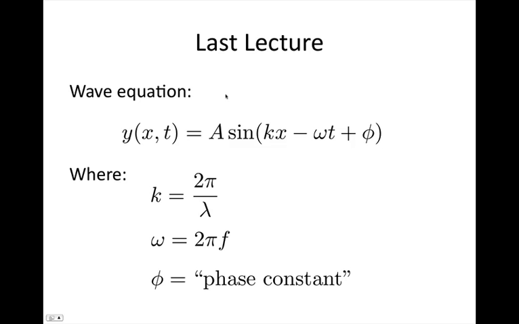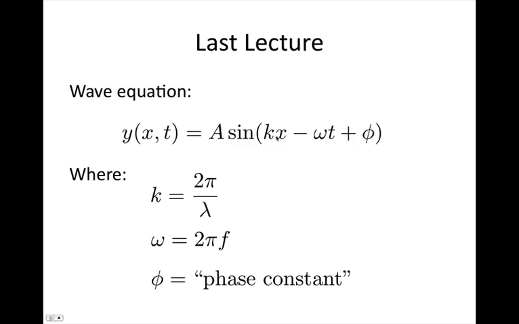Last lecture we also showed that the form of the wave equation was y(x,t) equals A sine(kx minus omega t plus phi). The k is the wave number. It's not related to the spring constant. It's equal to 2 pi over lambda. The negative sign here indicates that it is travelling to the right.